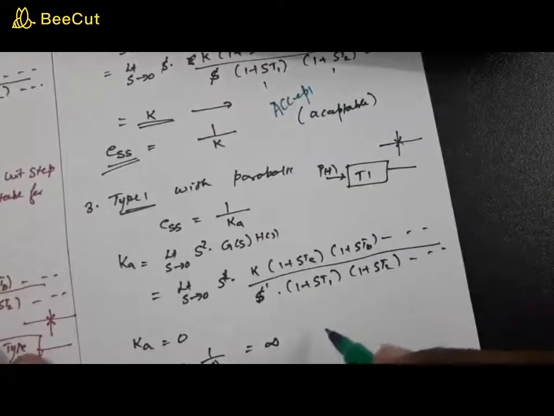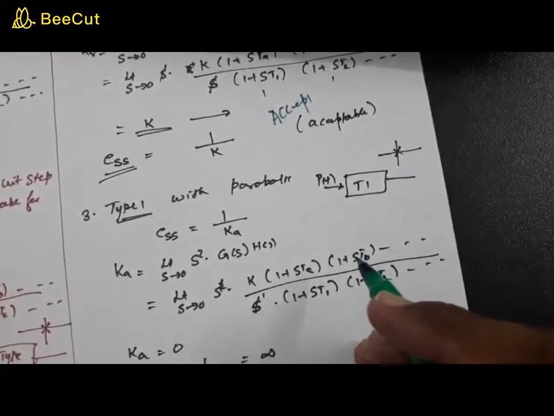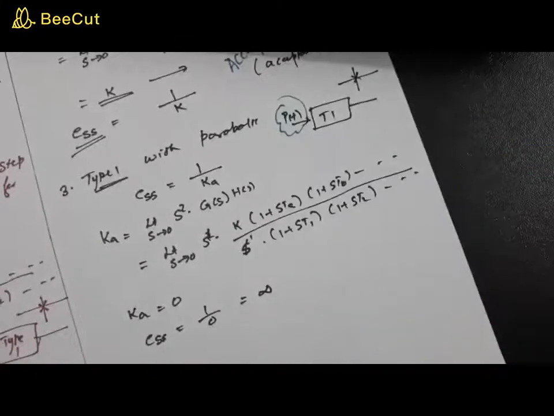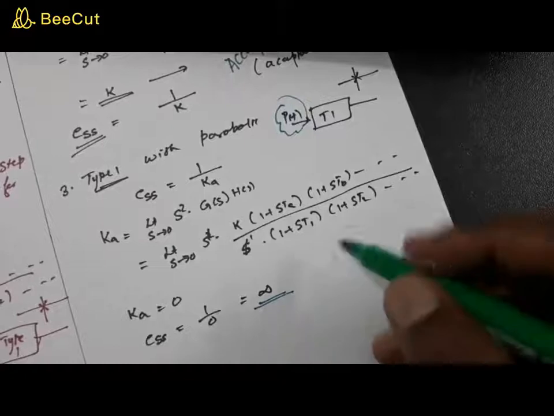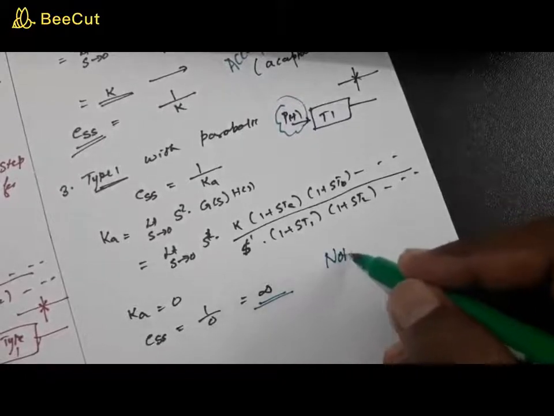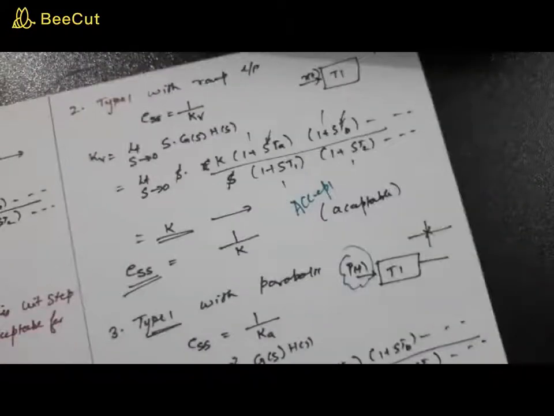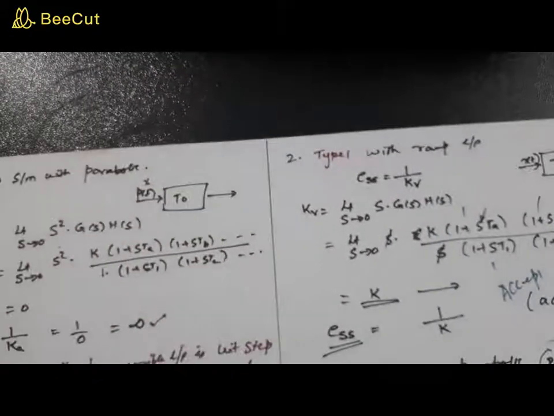But for any type 1 system subjected to a parabolic input, the steady state error is going to be infinity. That means this input is not acceptable for a type 1 system. Now similarly, we are going to study the case of the type 2 system.